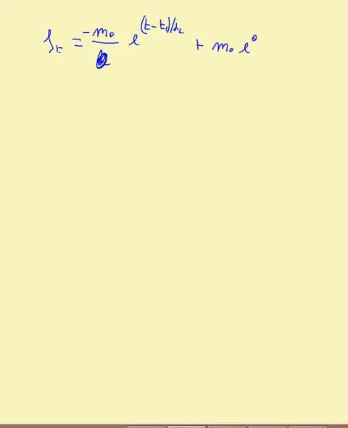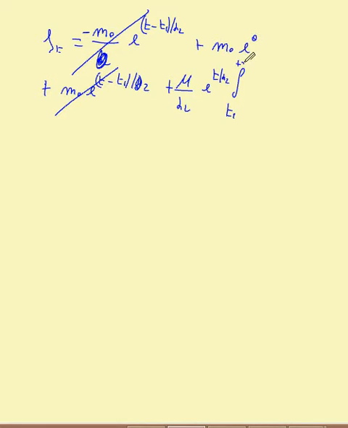Try to check this computation. So this is the second integral, which simplifies with the first. It remains just m0 plus what we need to consider now: mu over alpha 2 e to the power of t over alpha 2 integral between t1 and plus infinity of v e to the power of minus v over alpha 2 in dv.